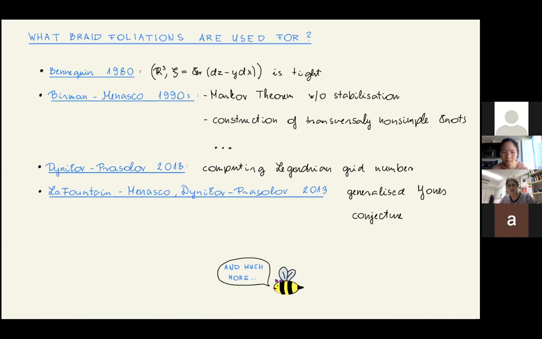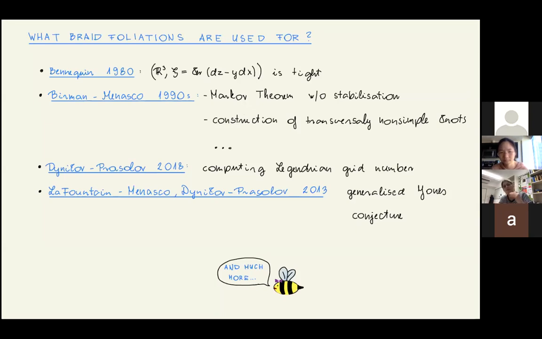And this led to one of the first constructions of transversally non-simple knots. The other construction was given by Etnyre and Honda, which was one of the lightning talks, that the 2-cable of the trefoil is also transversely non-simple. But this one is interesting from our perspective because this one is using braid foliations.